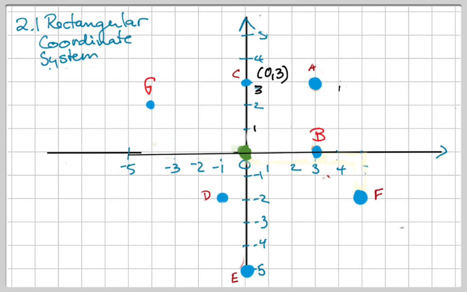So the rectangular coordinate system consists of a horizontal axis, which is called the x-axis, and a vertical axis, which is called the y-axis.